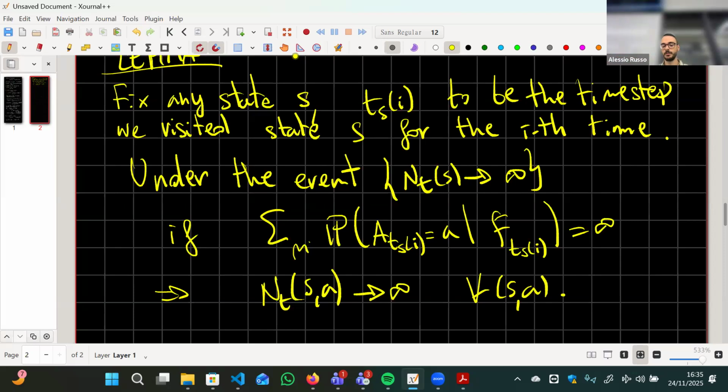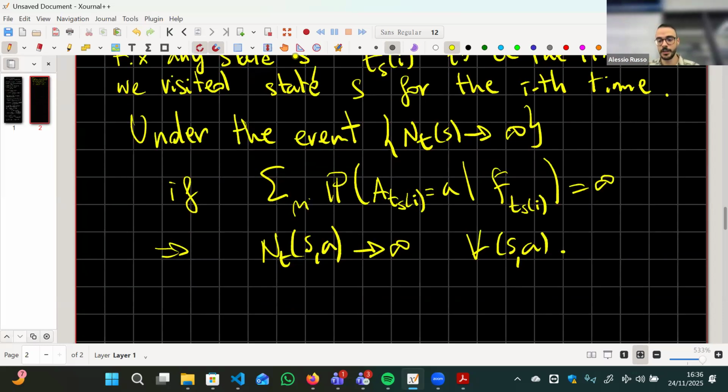And this requires, we will use the property that the MDP is communicating, so that between any two states you can always find a way to go from one state to the other. And this F_{T_i} is simply the filtration of data up to the time step you visited state S for the i-th time.